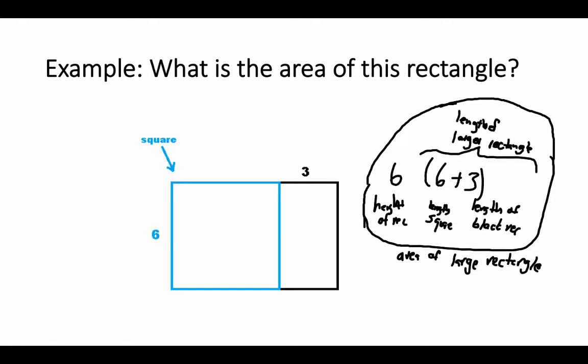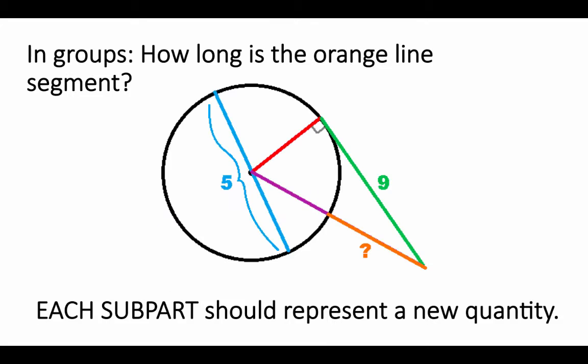So I'm going to clear this answer. How long is the orange line segment? And I gave students about 6 to 8 minutes to work on this. I saw a lot of good answers. I would suggest to you that you should only use these numbers.